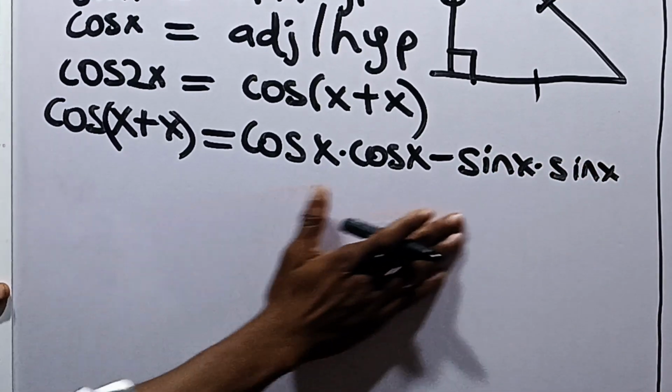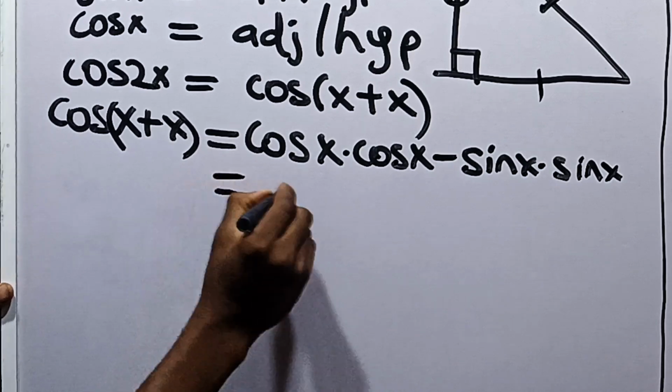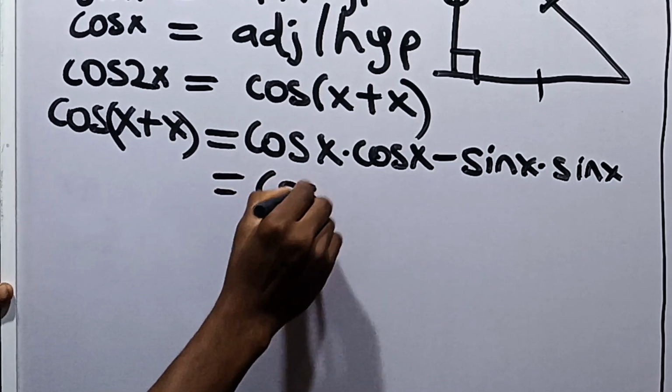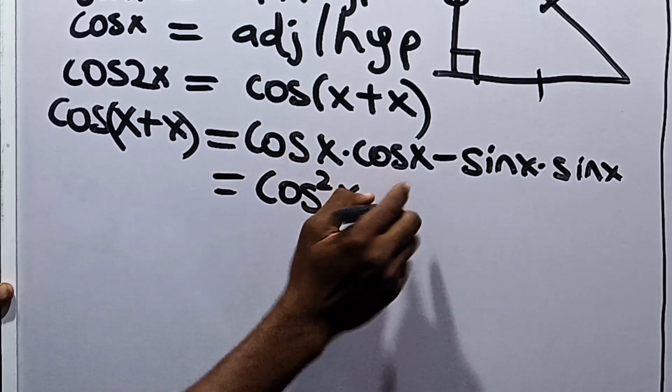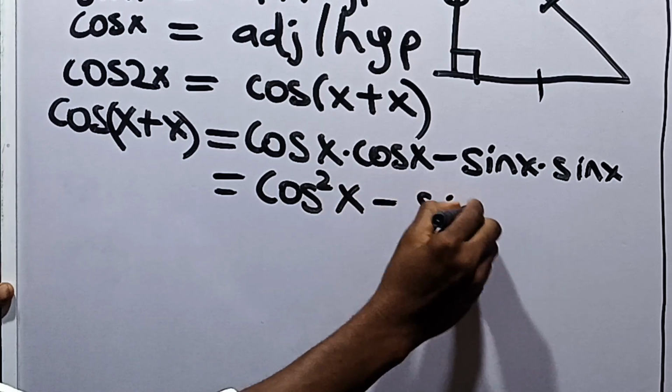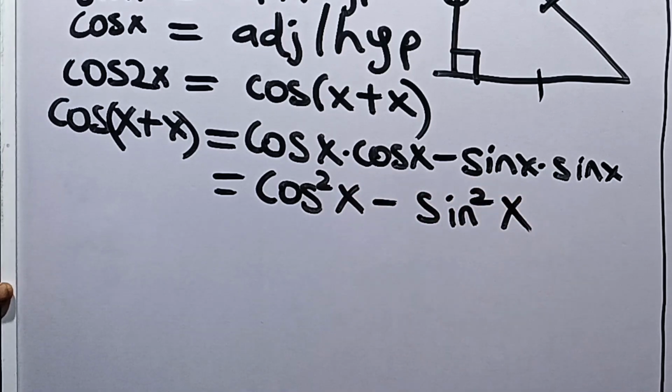So this is what we have. And this is equal to cos squared x, that's this times this, minus sine squared x, okay?